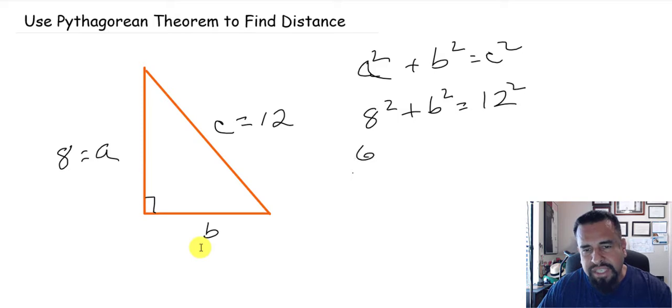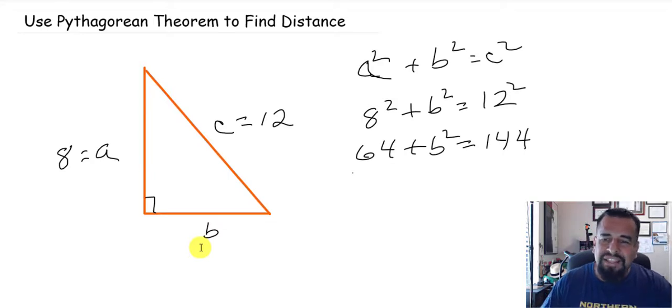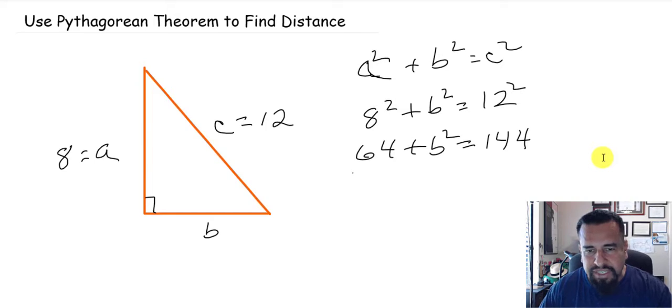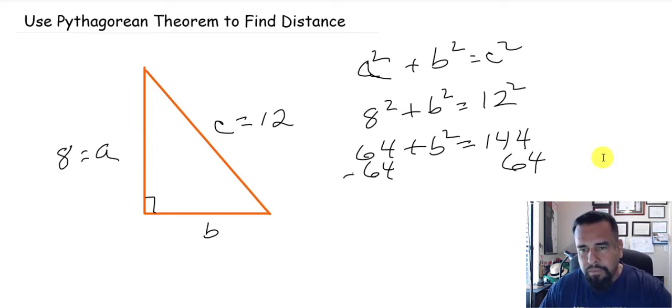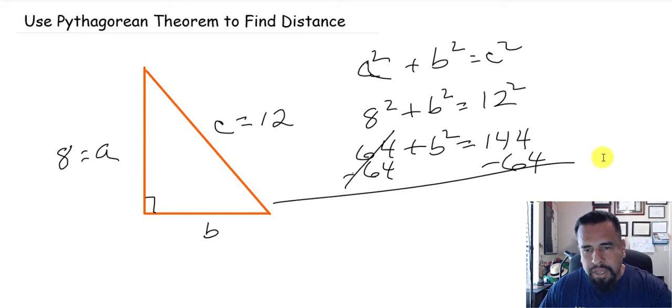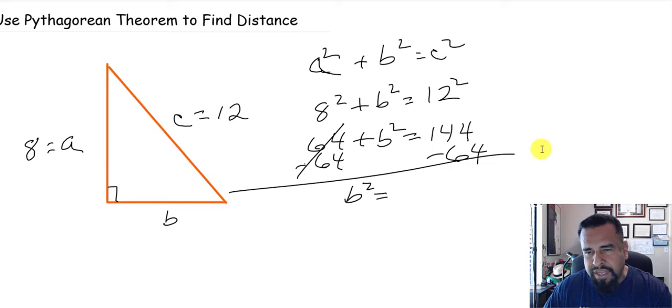This equals 64 plus b squared equals 144. And then simply, this is just a two-step equation. So we're going to subtract 64 from both sides. And that gives me b squared equal to, what does that equal? 80. It equals 80.